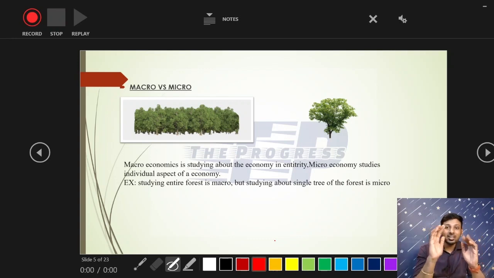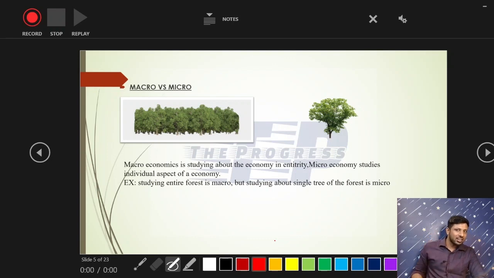The same logic applies to economics. Economics has many fields: the iron and steel industry, the cement industry, the coal industry, the fertilizer industry, and many more. Suppose I view the economic activities happening only in the iron and steel industry, and I conclude the economy is like this.